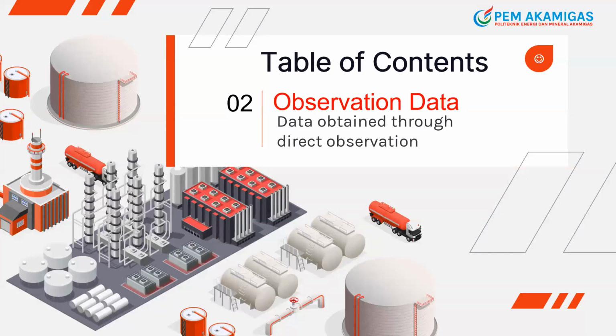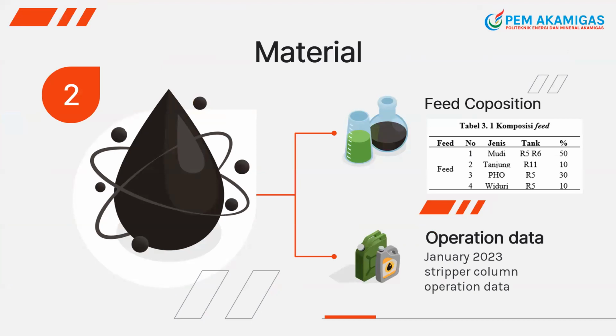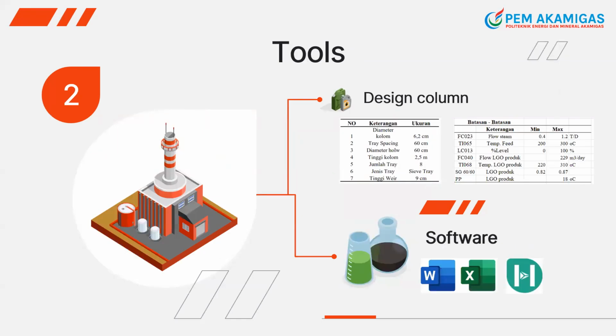The second topic is data observation. This is the data of the feed composition and operation data from January 2021 to 2023 in the stripper column. And that is the design data, its operating limits.